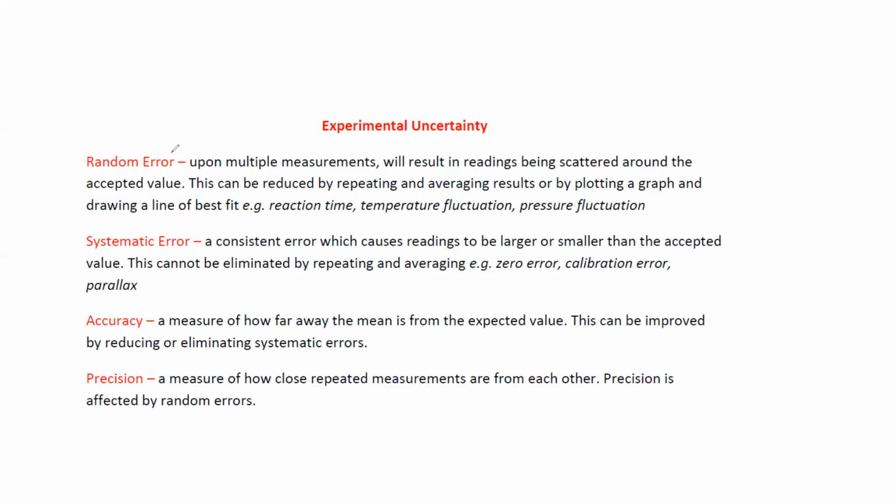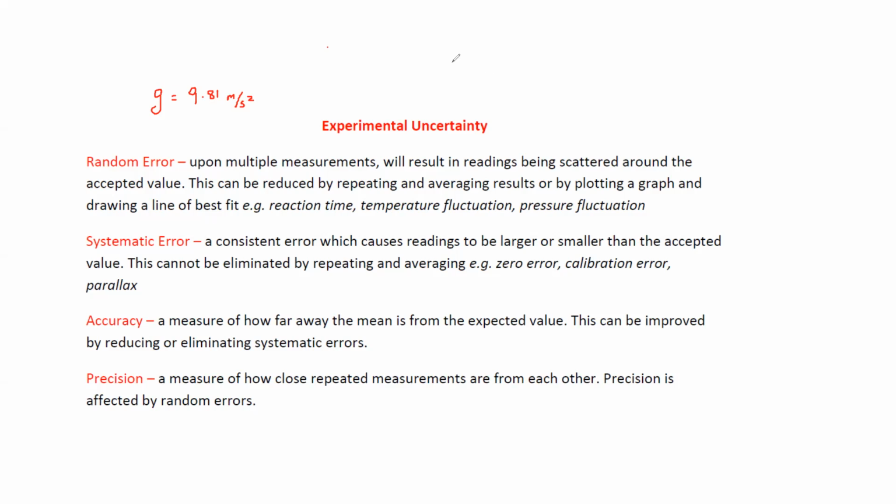Random error upon multiple measurements will result in readings being scattered around the accepted value. So if you have a random error, how can you identify it? For example, a student performed an experiment finding the acceleration due to gravity. The exact value is 9.8 meters per second squared or 9.81 meters per second squared. But this is what the student's result shows.